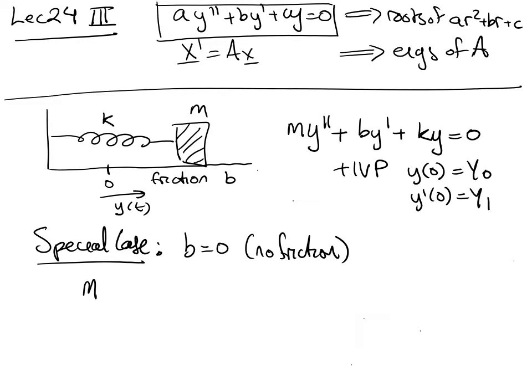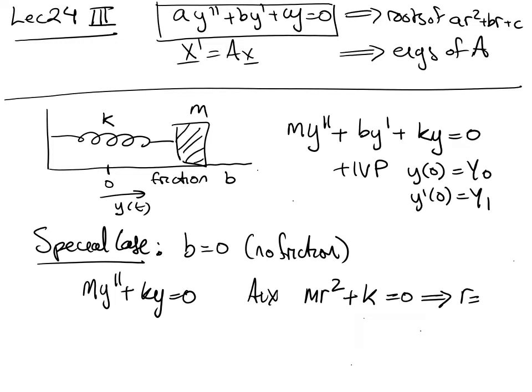In this case, the differential equation is my double prime plus ky equals 0. And so the auxiliary polynomial is mr squared plus k equals 0. And so the roots are r equals plus or minus the square root of minus k over m, which are both imaginary, right?